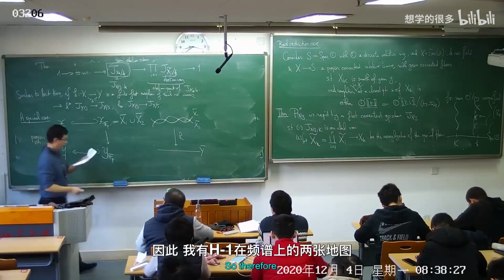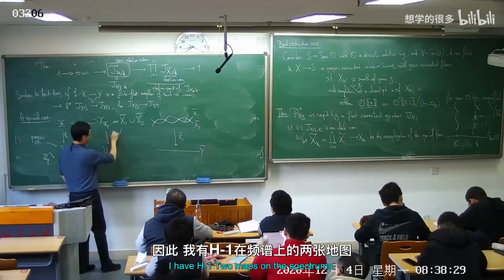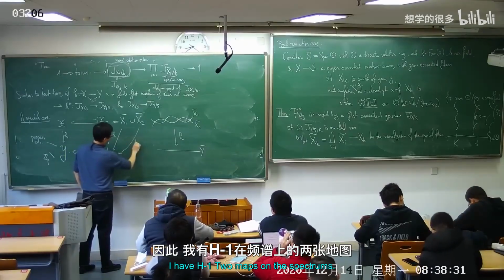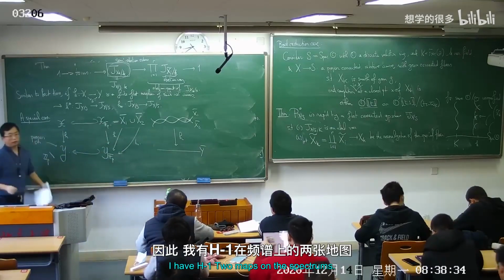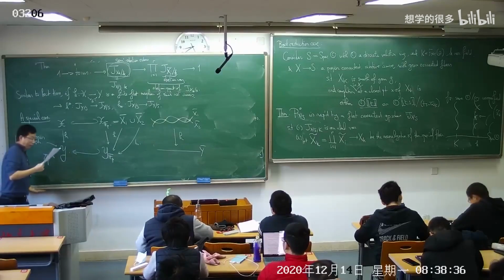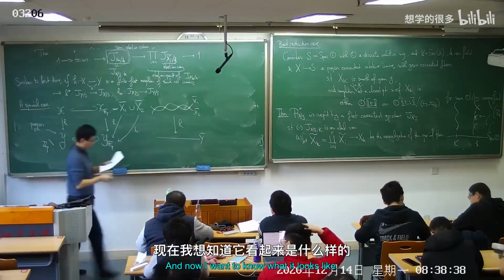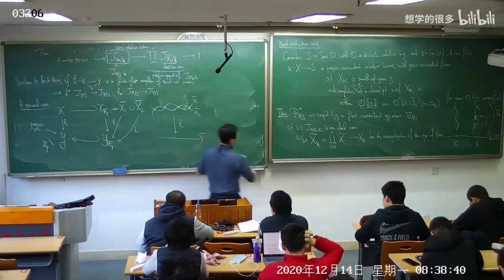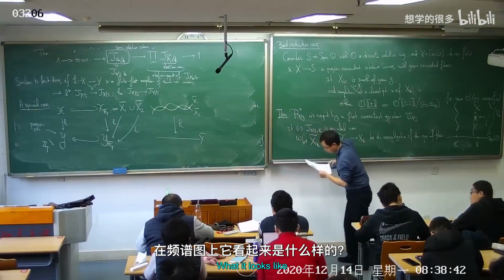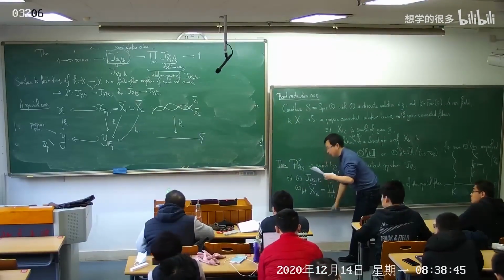Okay, so therefore I have h_1 and h_2, two maps on the special fiber, and now I want to know what the map looks like on the special fiber.